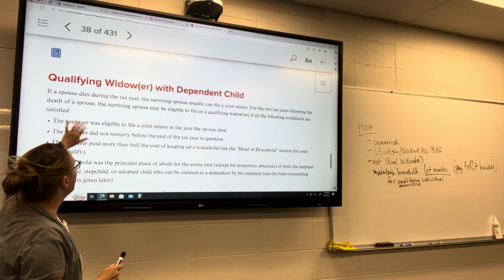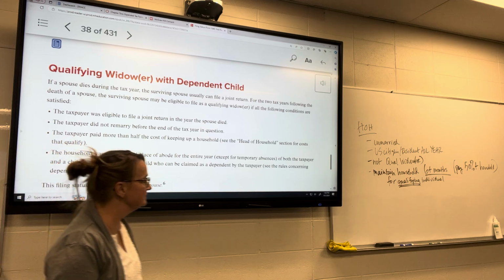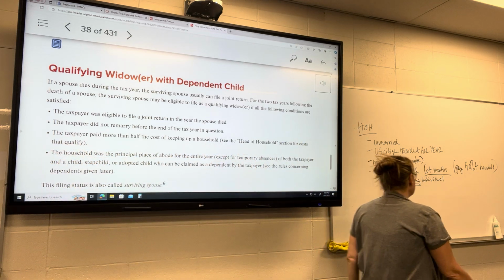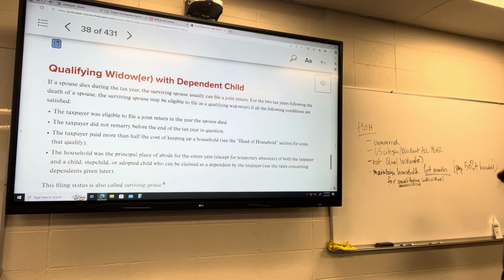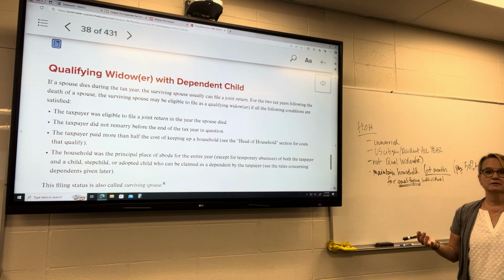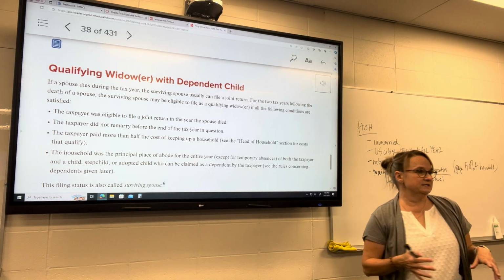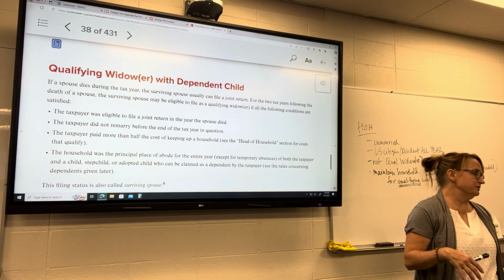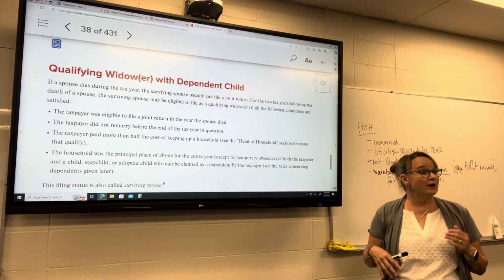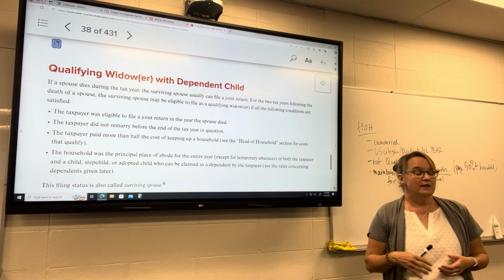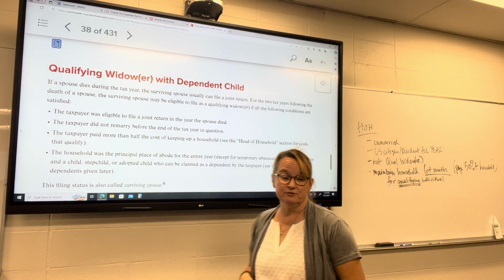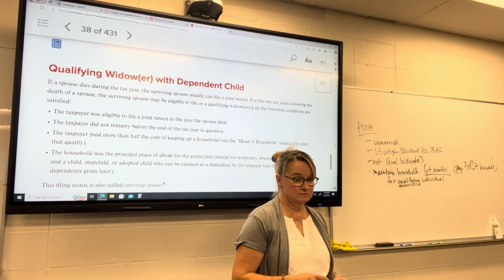All right, qualifying widow or widower with a dependent child. Qualifying widow or widower has the same tax brackets, same standard deductions, same phase outs as married filing jointly. They're unmarried though. They are a widow or widower, which means that their spouse has passed away.